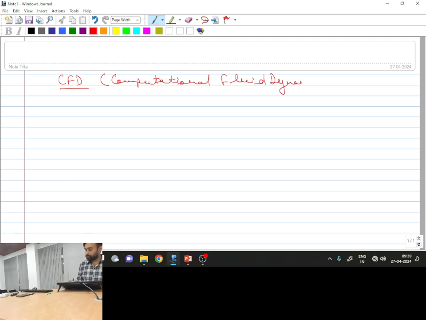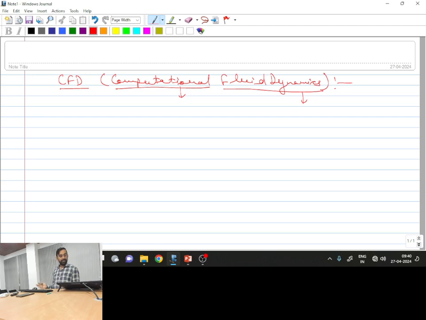Okay, so overall the term typically refers to the study of fluid dynamics only, but this word computational is just coming as some specific keyword with this fluid dynamics. Okay, so the major benefit of this keyword is that it is helping us to solve the fluid dynamics problems by using the help of computers.